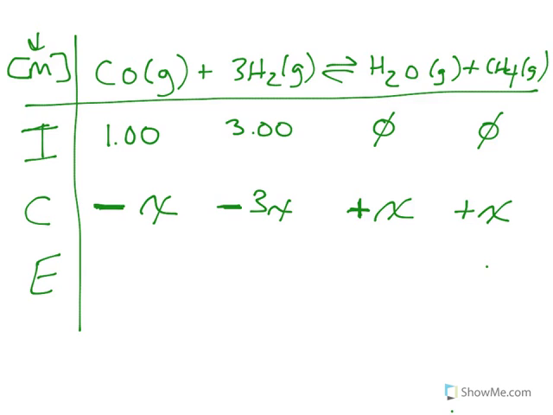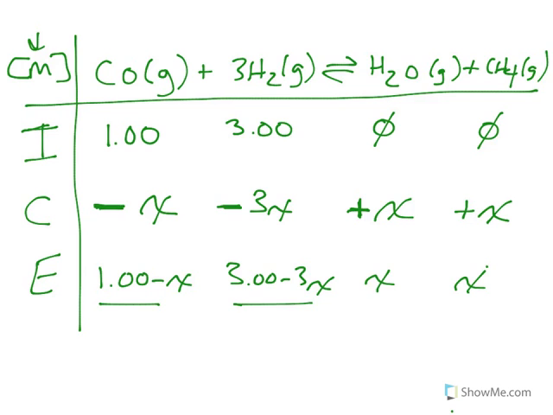All you do to get that is add I plus C. So it'll be 1 minus X, 3 minus 3X, 0 plus X gives me X, and 0 plus X gives me X. So right here, these are the concentrations at equilibrium for each species. 1 minus X is equal to the concentration of the carbon monoxide at equilibrium. X is the concentration of water at equilibrium, which is kind of cool.